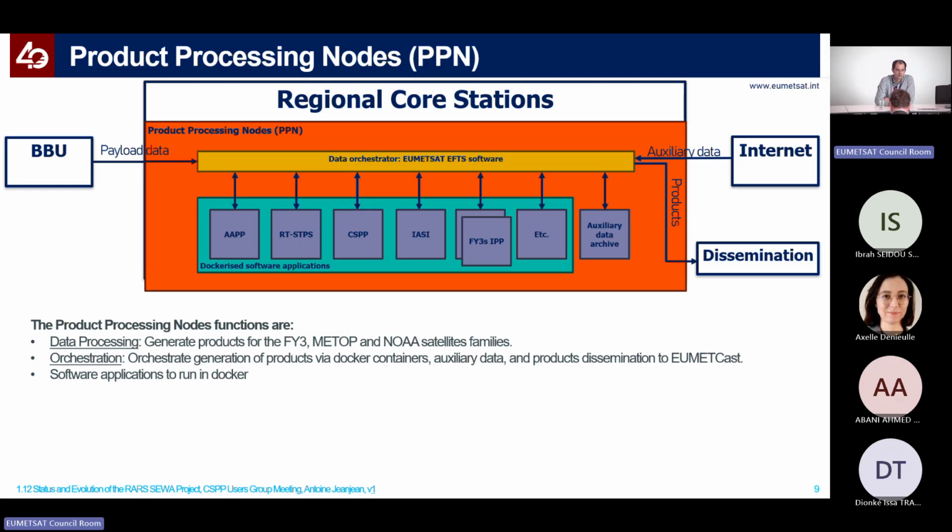In this case, auxiliary data will come from the internet and dissemination will be directly to the internet as well. EUMETSAT is a bit different, so there will be some adaptation. The approach with orchestration and Dockerization will remain as for the EUMETSAT PPN. So in this regard, there will be no changes. Changes are in interfaces, but not in the orchestration and Dockerized application per se.